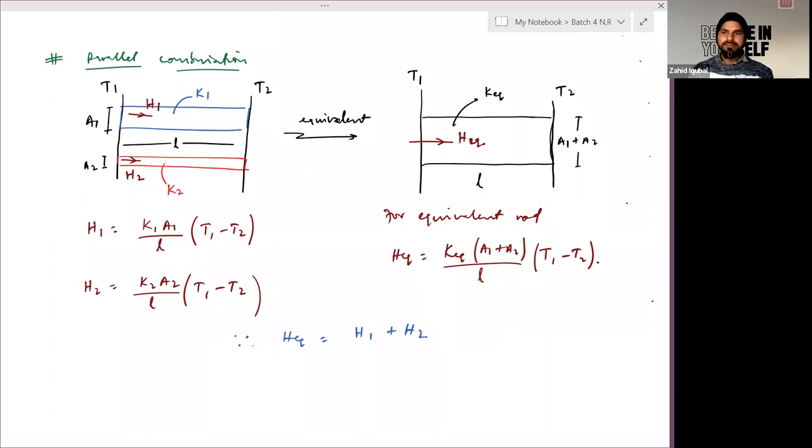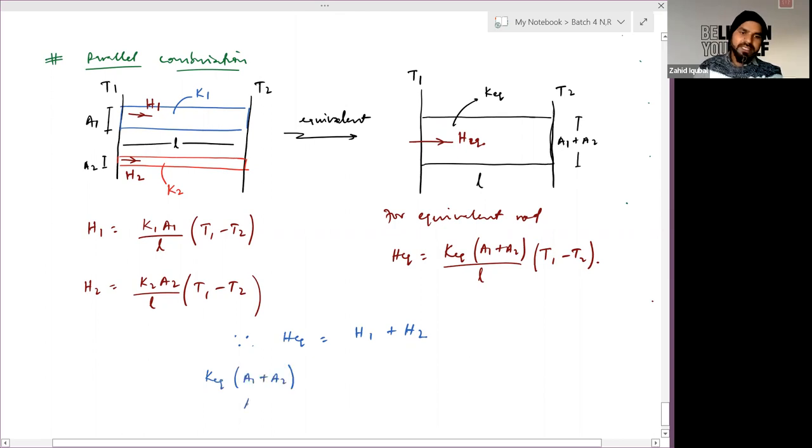Is it clear? If you put the value of H equivalent, you will get K equivalent times A1 plus A2 divided by its length, times T1 minus T2. H1 is K1 A1 divided by its length, times T1 minus T2.